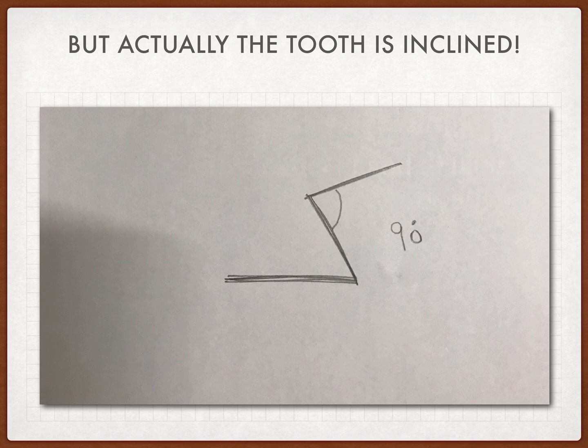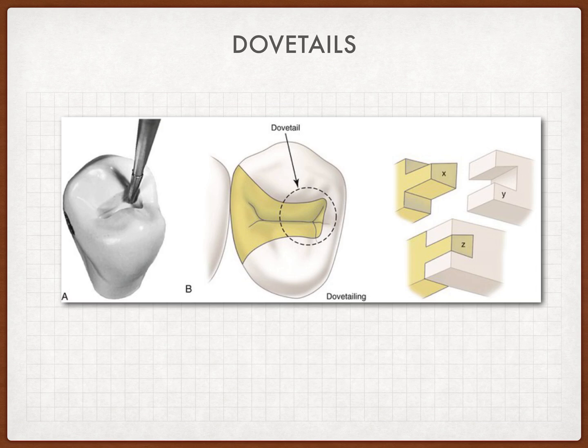And also we will have a 6-degree inclination of the buccal surface of the tooth, so that there will be a retention form that is gained, of course, by the inverted cone burrs. Okay.